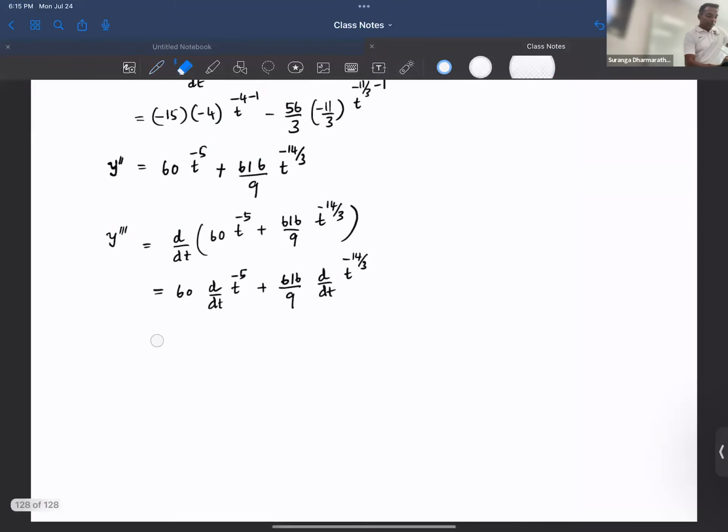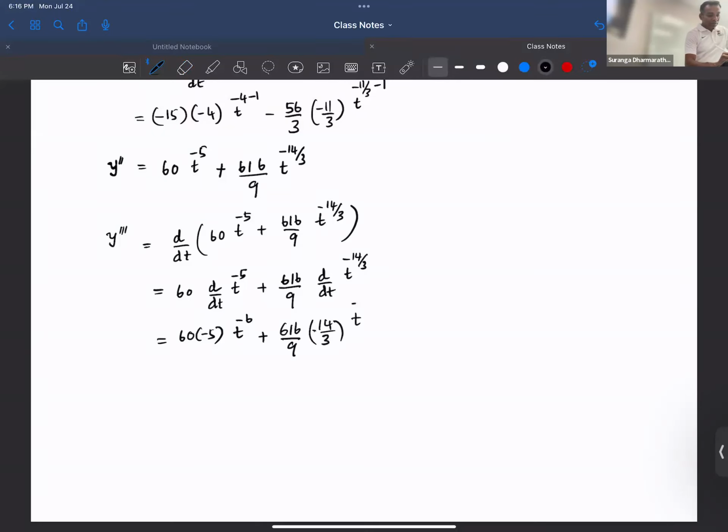So you get 60 times negative 5, t to the power negative 6, because negative 5 minus 1 is negative 6. And here you get 616 over 9 times negative 14 over 3, t to the power negative 17 over 3.